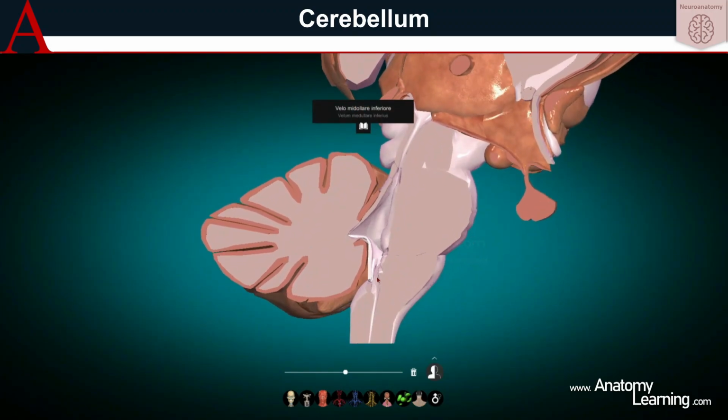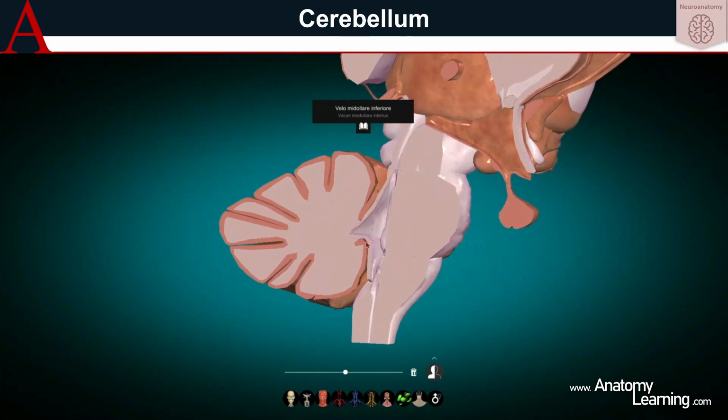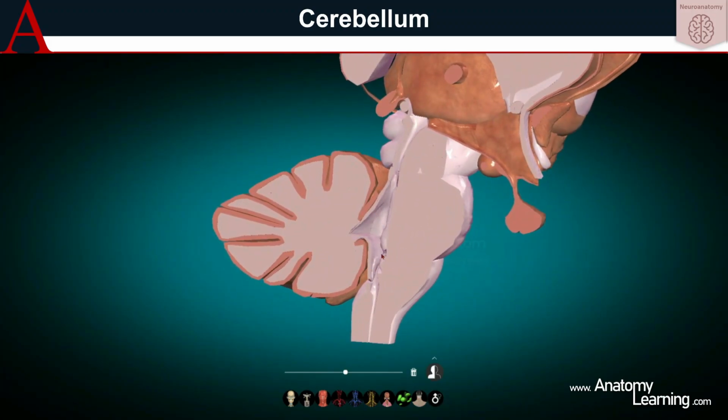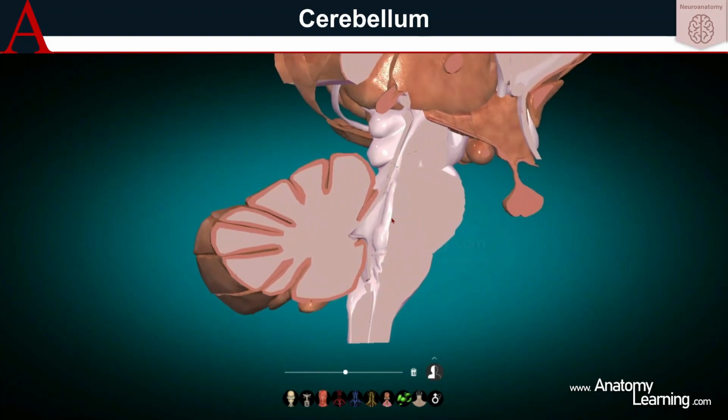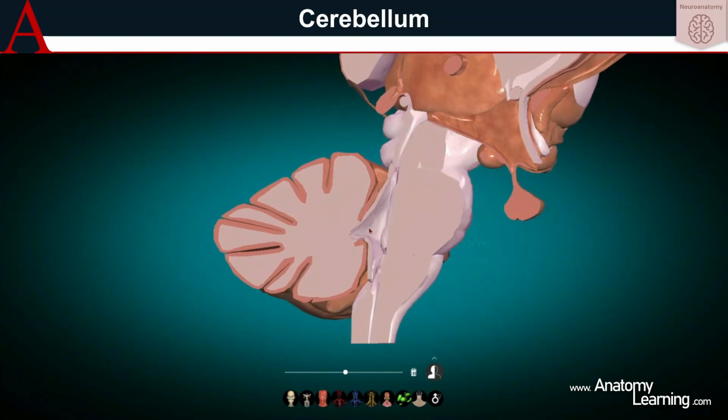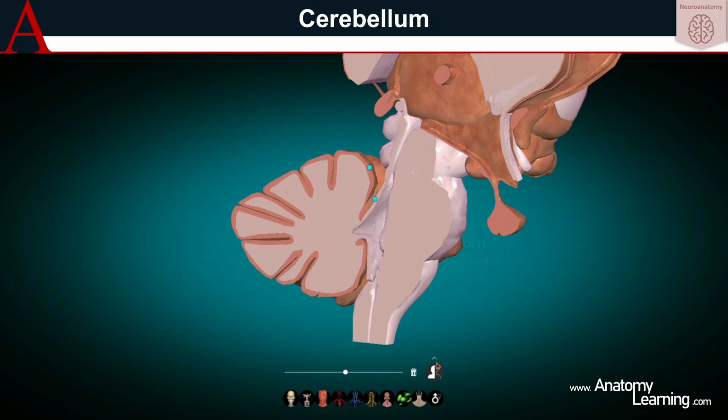Together with the posterior medullary velum, connecting the inferior cerebellar peduncles to the vermis, it makes up the roof of the fourth ventricle. The internal surface is covered in ependymal cells. The vela converge in the hilum as well. The two vela and the three peduncles converging form an acute angle called the fastigium.